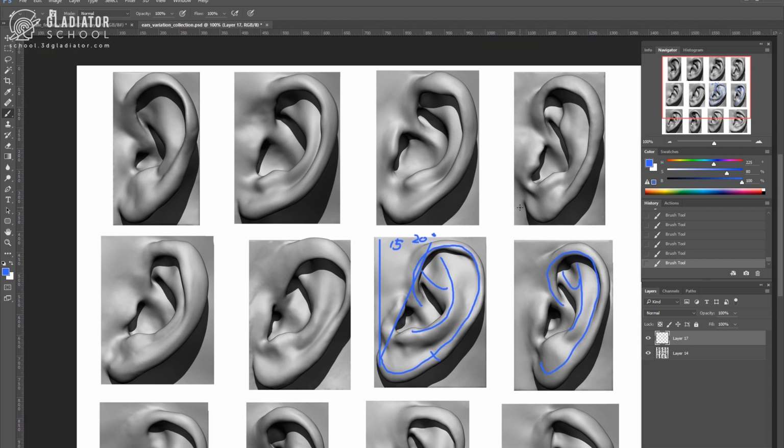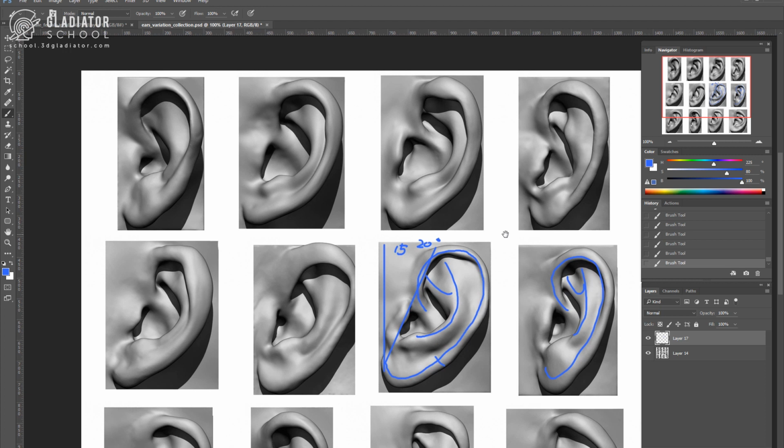These differences, and this is a cool thing, they do not only occur on the ear but on every part of the human body. So it's the same for the eyes, it's the same for noses, it's the same for the general form of the skull. So at the end of the day, these variations make every human being look unique.